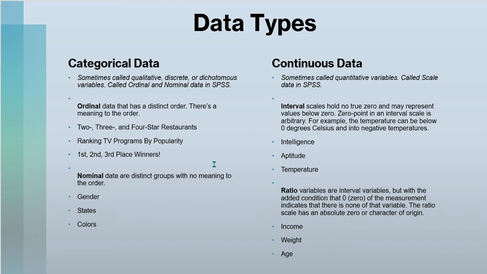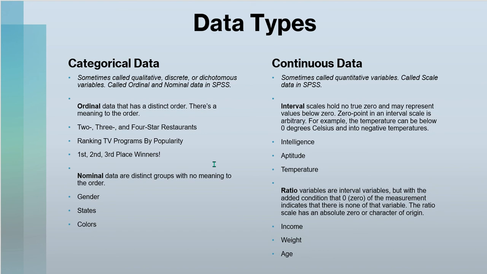And the difference between ordinal and nominal is that ordinal data tends to have some type of order to it. So if you have a 2, 3, or 4-star restaurant, maybe ranking something to one's liking, whether you like something a lot to not at all.